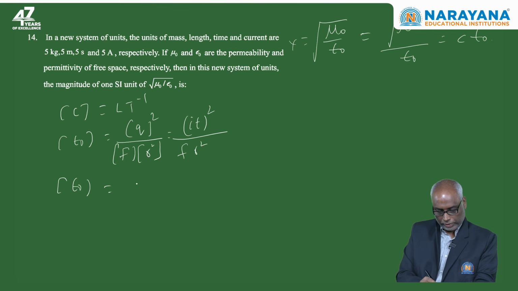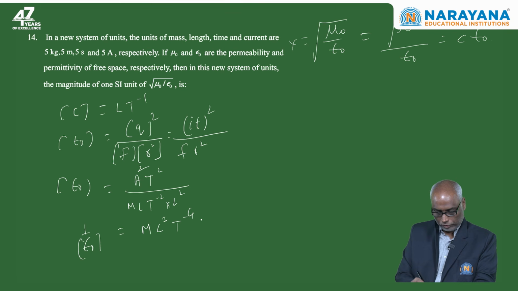So current is A, T square whole, divided by force, which is M L T power minus 2, into L square. So the dimensional formula for 1 by epsilon naught we can write directly as M L cube T power minus 4, and here also A square, since we take the square of this.